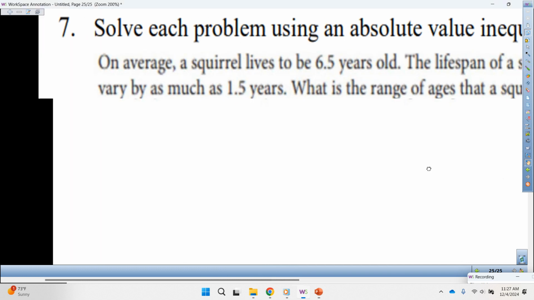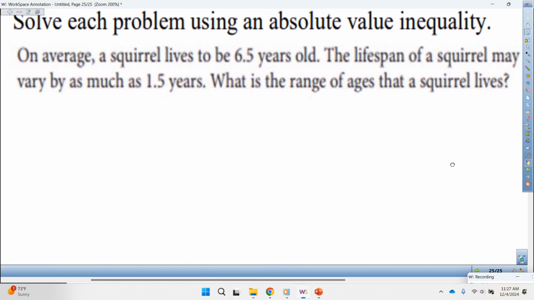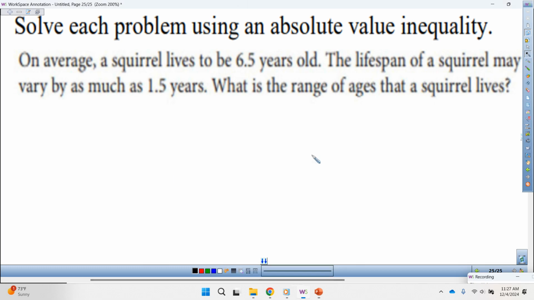So check this out. To set up an absolute value for this one, we write this. Absolute value, x minus blank, close the absolute value. We're using an equal sign, and then blank.